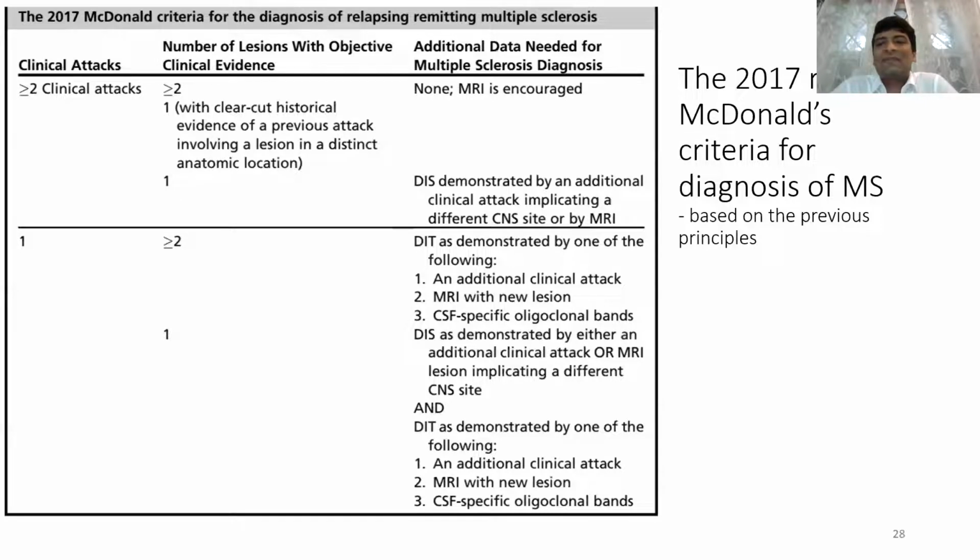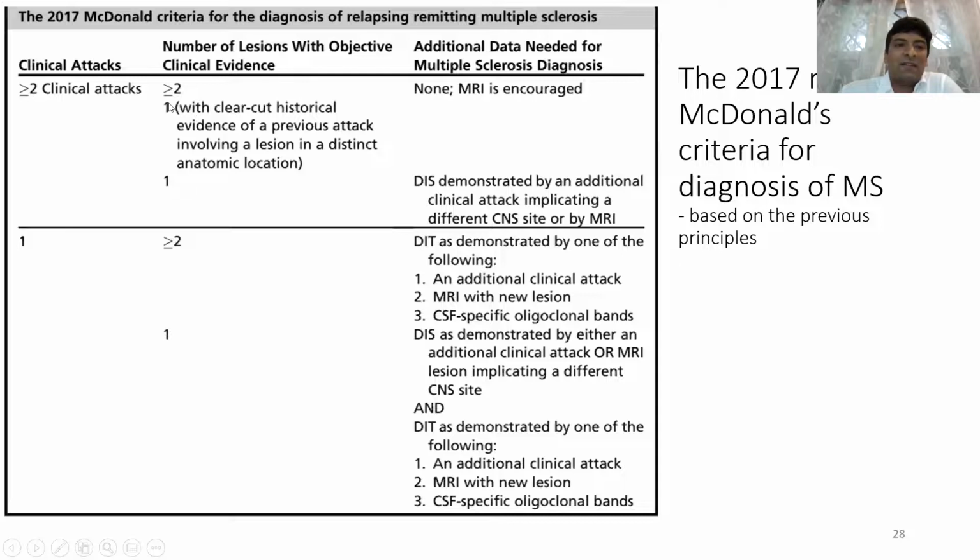So this is the summary of all that we just talked about, the 2017 McDonald criteria. If we have 2 clinical attacks with objective evidence, suppose the patient comes to you saying he's got vision loss, you need to have either papillitis or an RAPD or an abnormal VEP. And if you can show that there have been 2 attacks in 2 sites, for example, alternate eyes, that itself is sufficient for the diagnosis.